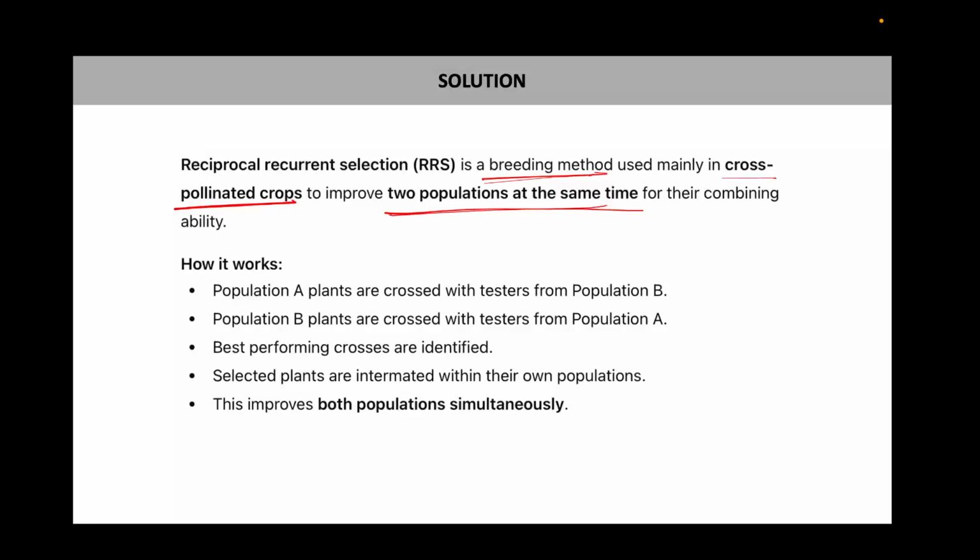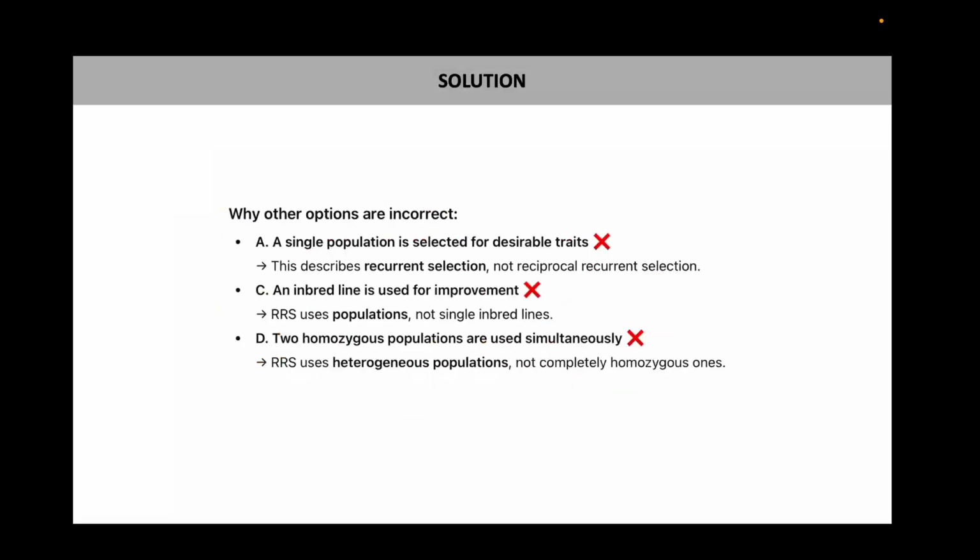Now we have learned how it works. Population A plants are crossed with testers from population B, and population B plants are crossed with testers from population A. And then the best performing crosses are identified. Selected plants are intermated with their own population, and this will help improve the crops from both the populations simultaneously.